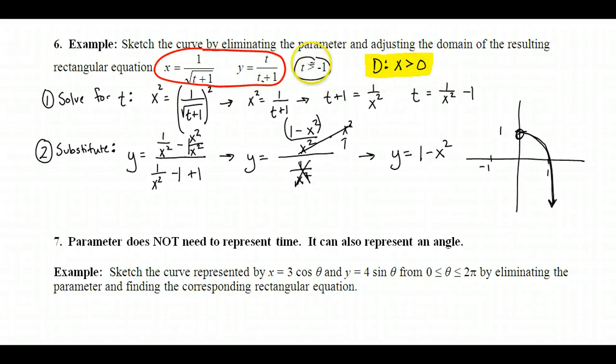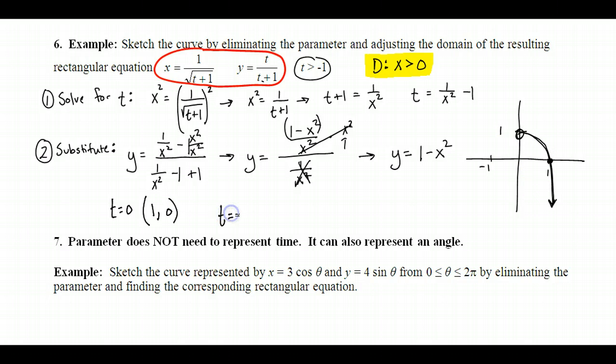And I can plug in a 0, that's fine. So if my time is 0, what is my x value? If t is equal to 0, I'm going to graph my point. When t is 0, my x value is 1, and my y value is 0. So I have the point (1, 0).